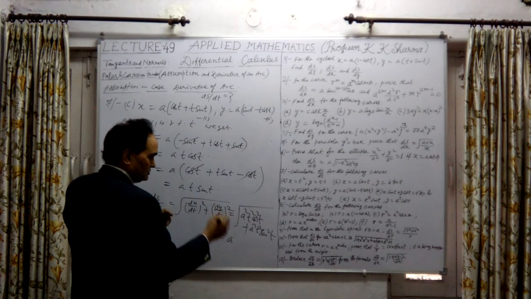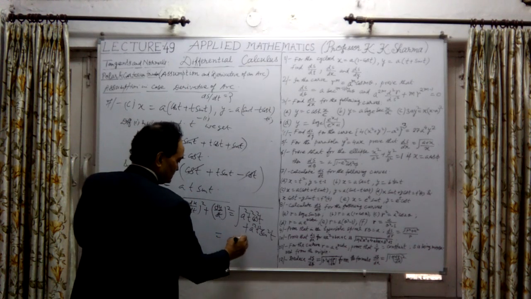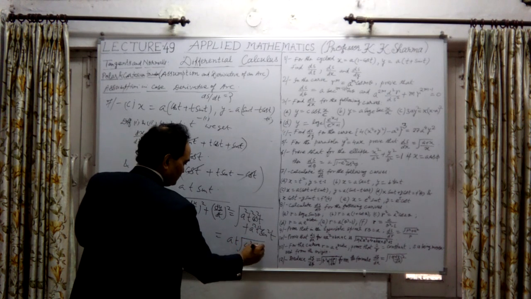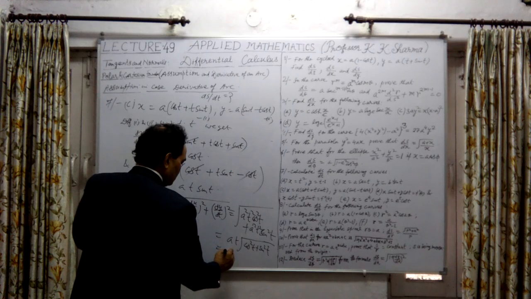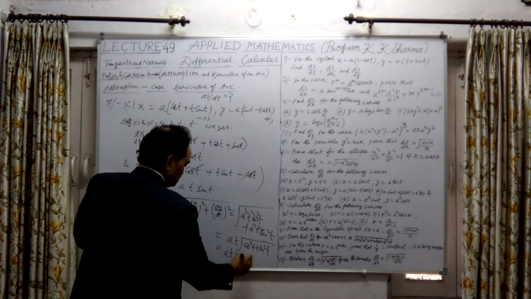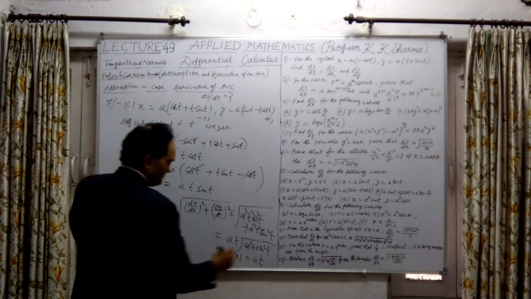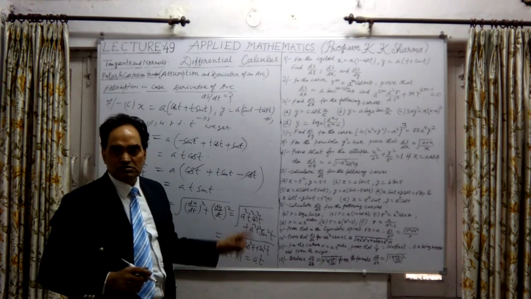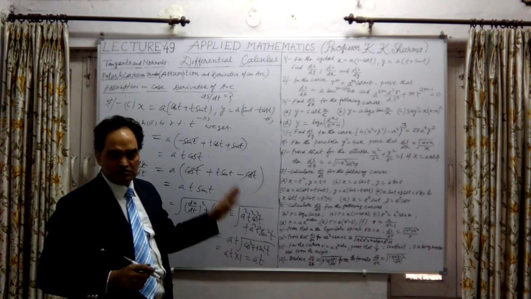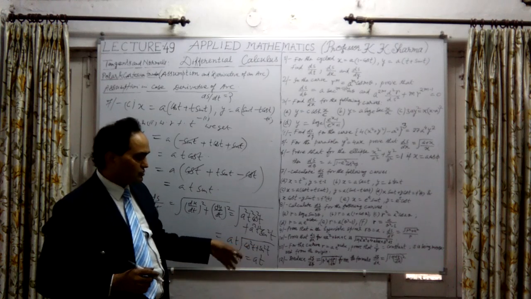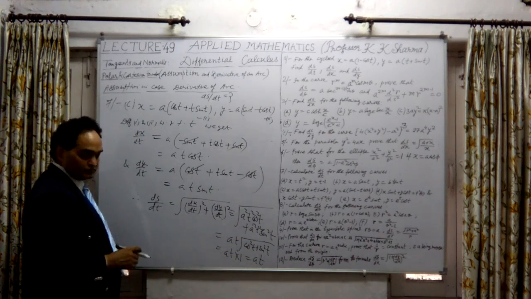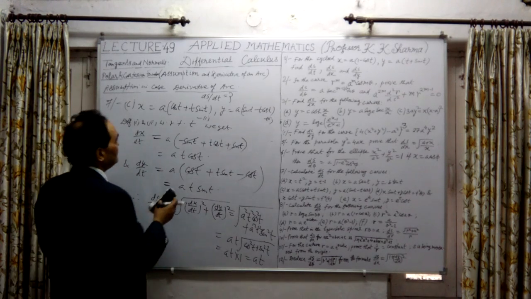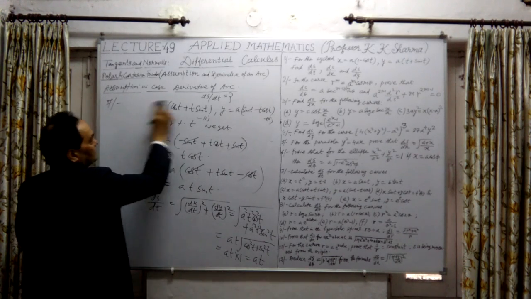We can take a square t square out, leaving cos square t plus sin square t, and that is 1. Square root of 1 is 1, so at is the answer. So ds upon dt in this case is at only. So the C part is done.